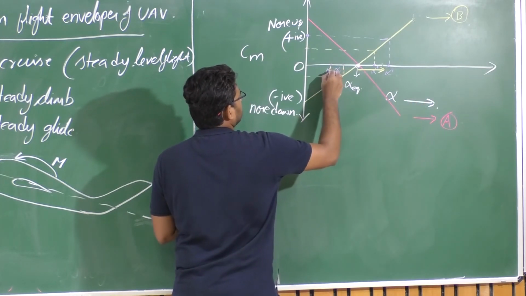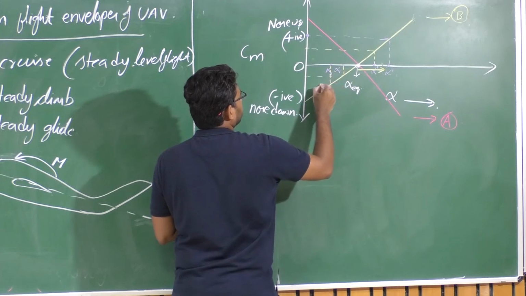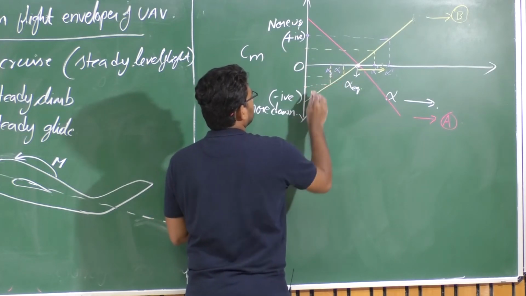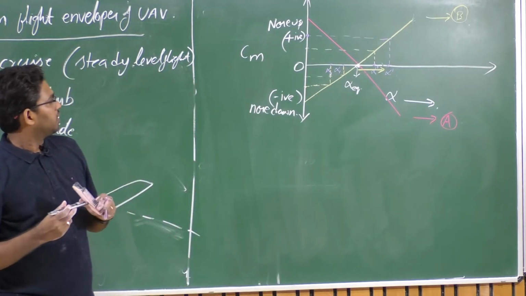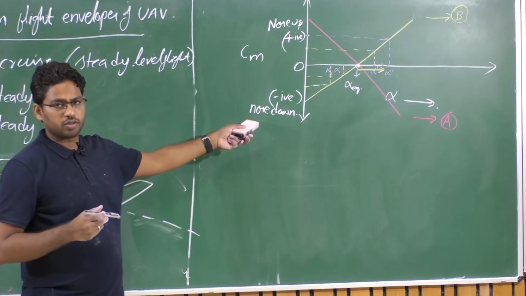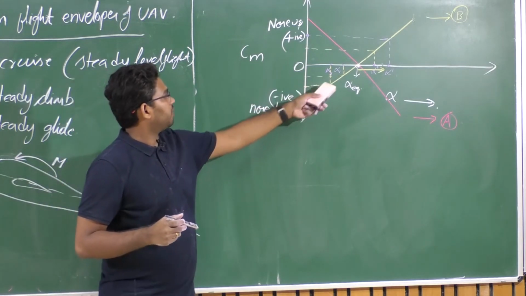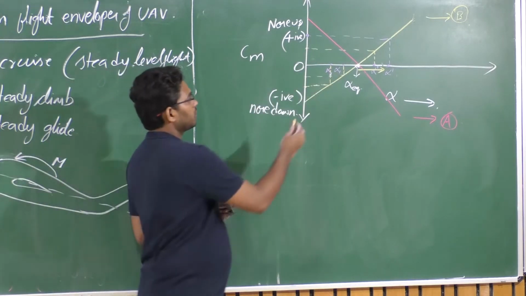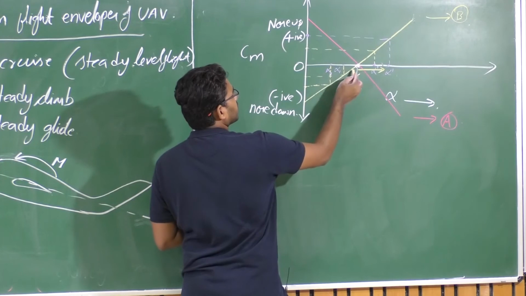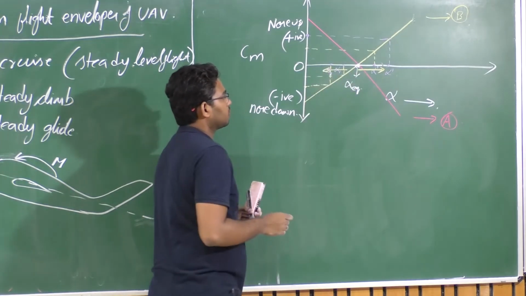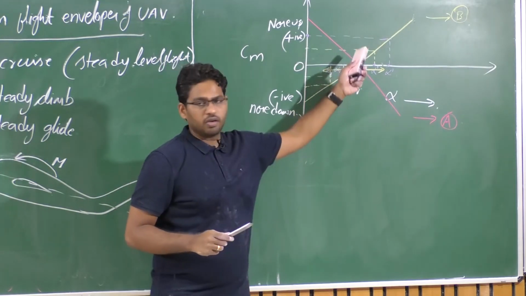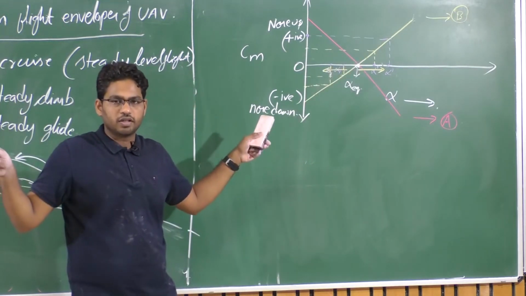So this pitch down moment will further reduce the angle of attack, which will also produce a higher nose down moment that will take you away from this particular equilibrium location. So this alpha is moving away from this alpha EQ. For the aircraft with this yellow curve, you are trying to move away from the equilibrium location.